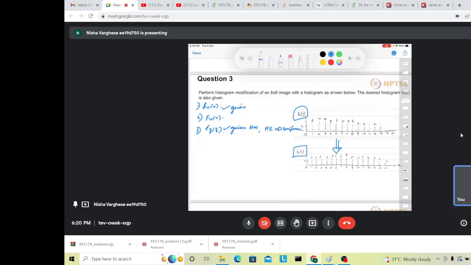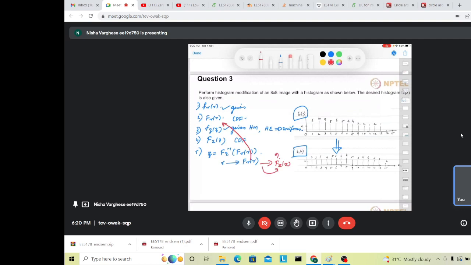Okay. So from that you will have to draw the F_Z(Z) CDF. Then using this equation, Z equals F_Z inverse of F_R(R). So for every R you have to find F_R(R) from here. Then where that value occurs in F_Z(Z), you have to find out.